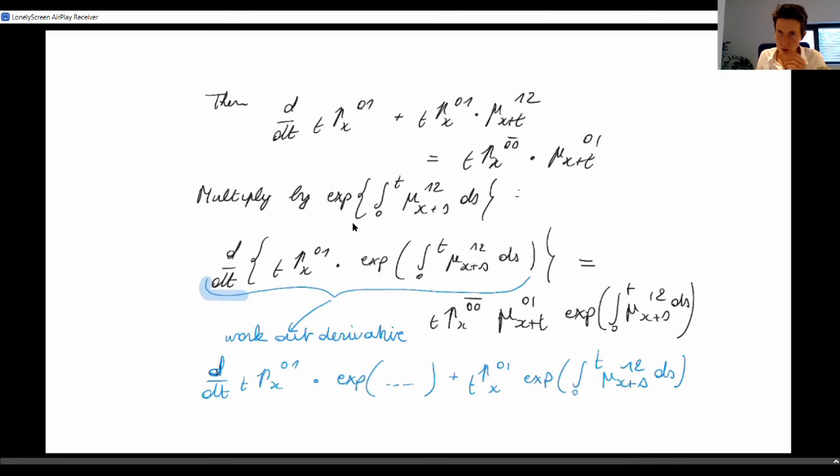So what I'm going to do there is use the hoofdstelling, the main theorem of calculus. So you get there the mu x plus t 1, 2, right?